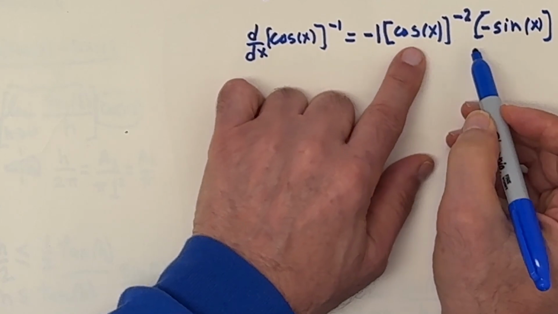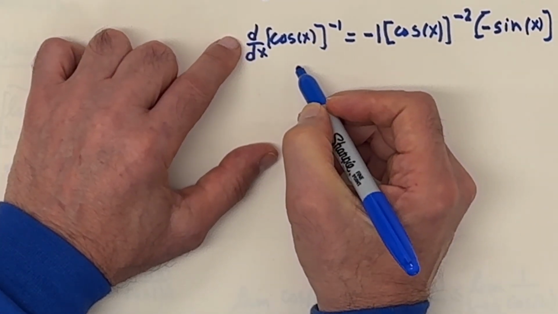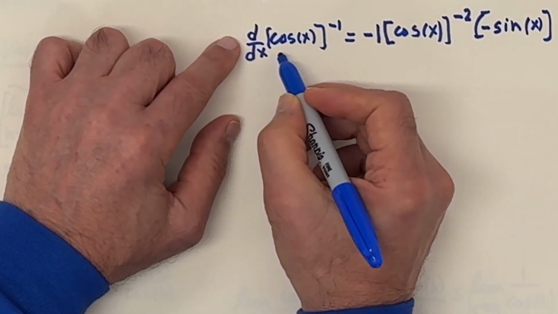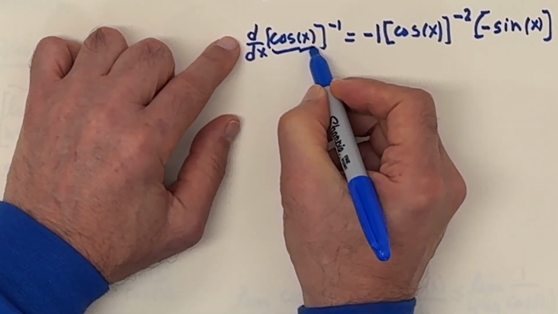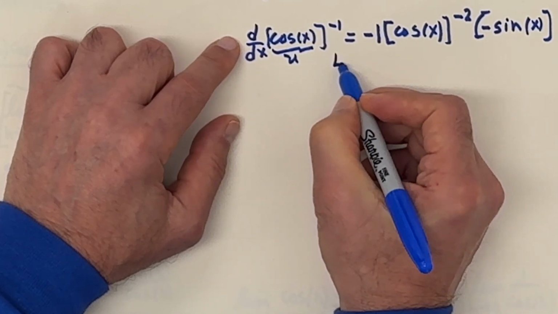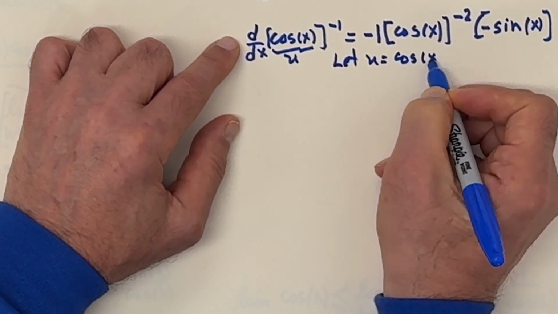Now, this is what we did, but when I was studying calculus many years ago, they would do this let u equal a lot. In other words, they let this thing here inside equal u. And they would say just let u equal cosine of x.